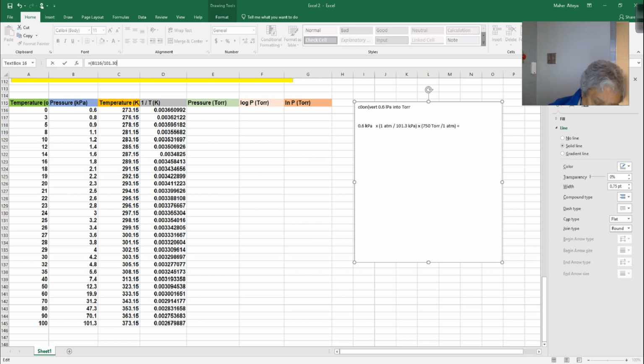Then I close the parentheses. No, I did not. I can't see very well. And then multiply by the 8 here, open another parenthesis, by 760, not 5, 760.